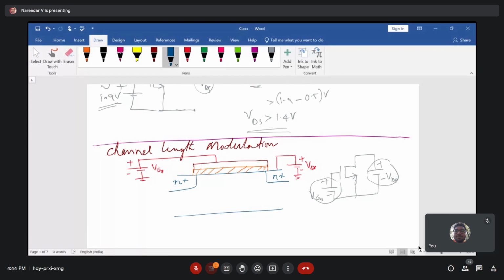When the gate voltage is higher than the threshold voltage, you have a channel. It means you have carriers. This is your channel region where you can see enough carriers. From our earlier discussion, how do you create an inversion layer?